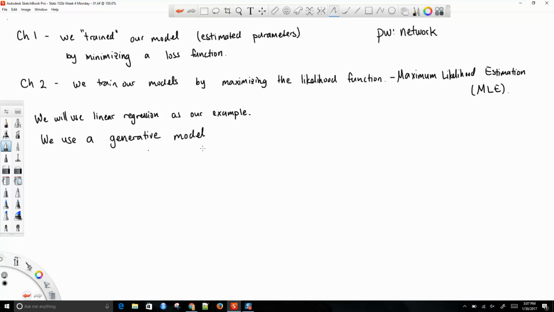In a generative model, we include an error term, and our model tells us how our data might be generated.